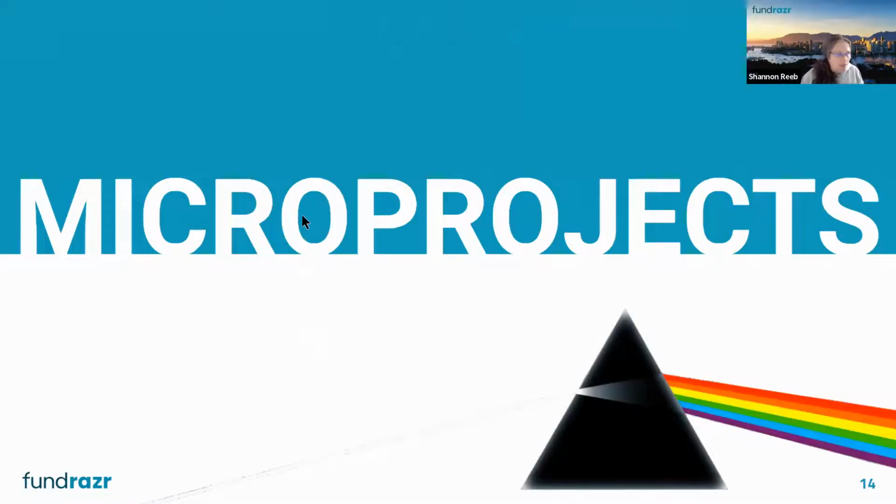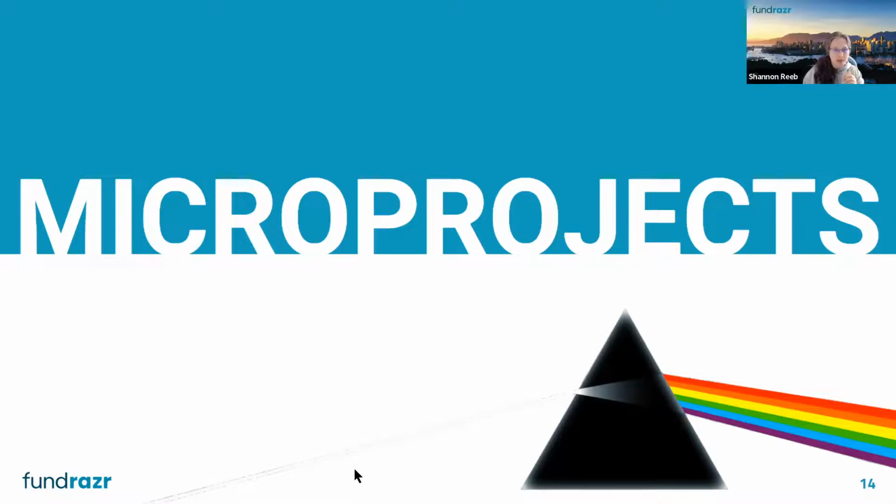And the last one we're going to go over is micro projects. Now, the difference between micro projects and DIY and peer-to-peer campaigns is that you usually don't have people registering to fundraise for you. So this is not about bringing in your community to be fundraisers.